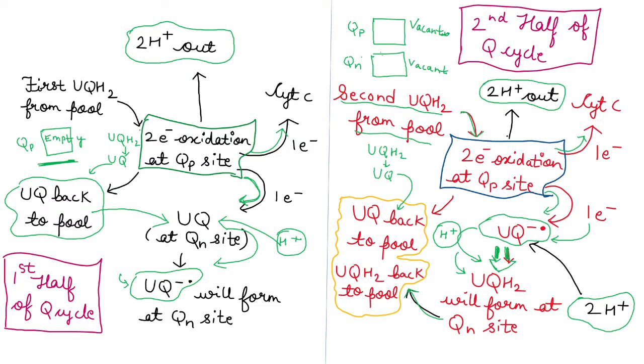Now in the next case, what will happen again? Again from the pool, a UQH2 molecule will enter and bind with the QP site. And the same story will continue.